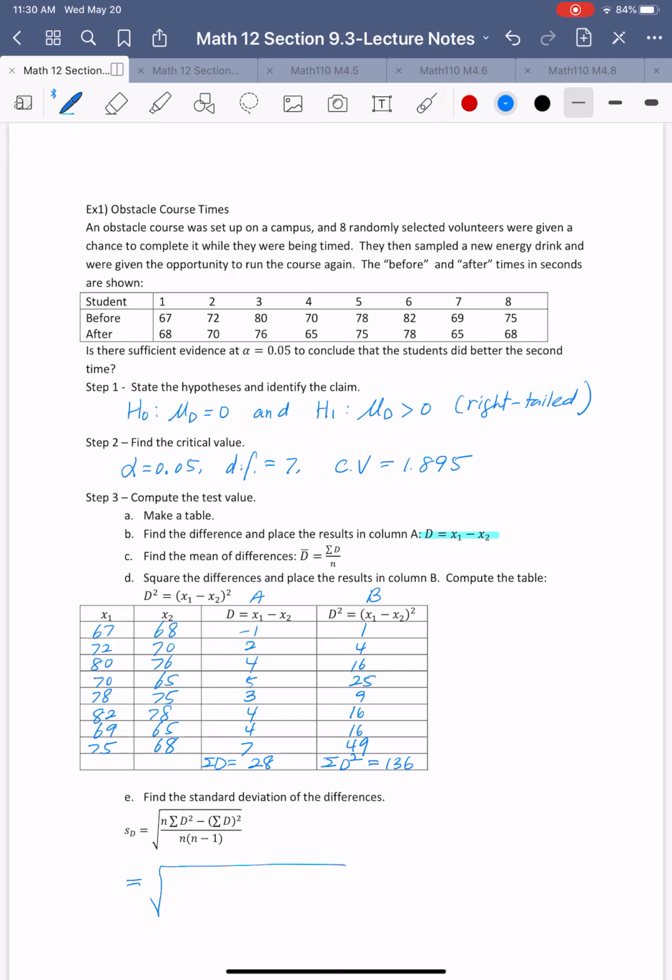So n is 8 times the sum of d squared, which is 136, subtract the sum of d, which is 28, squared, over 8 times 7. So you got 1088 subtract 784 over 56, and then I got 304 over 56, which comes out as 2.33.